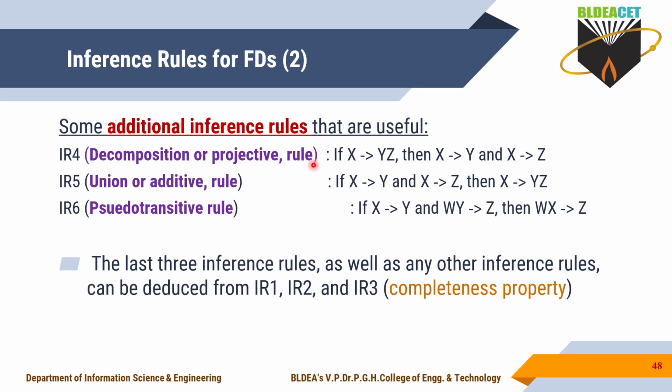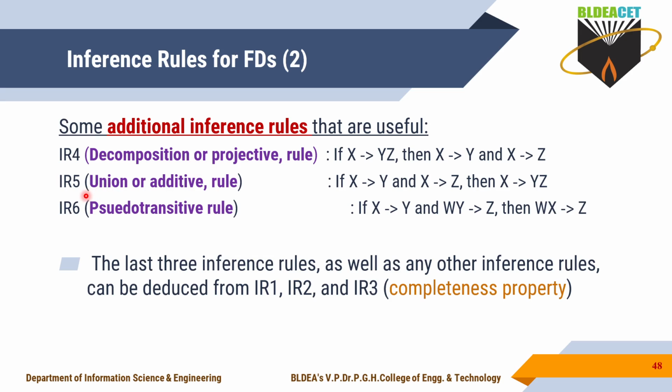Let's see what it tells. If the given functional dependency is X determines YZ, where X is a set of attributes, Y is another set of attributes, and Z may be one more set of attributes or an individual attribute, then I can say that X determines Y and X determines Z. It doesn't make any difference to the functional dependency. This is what we call the decomposition or projective rule.